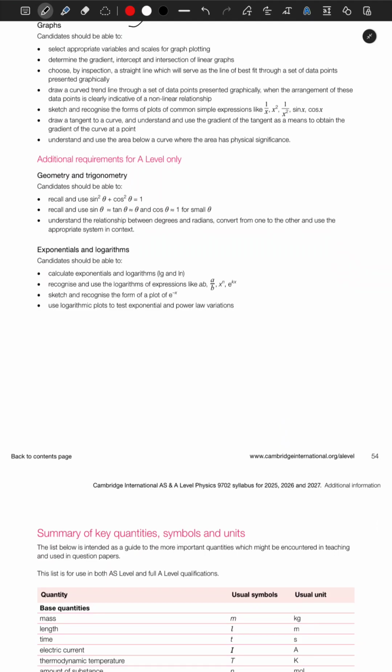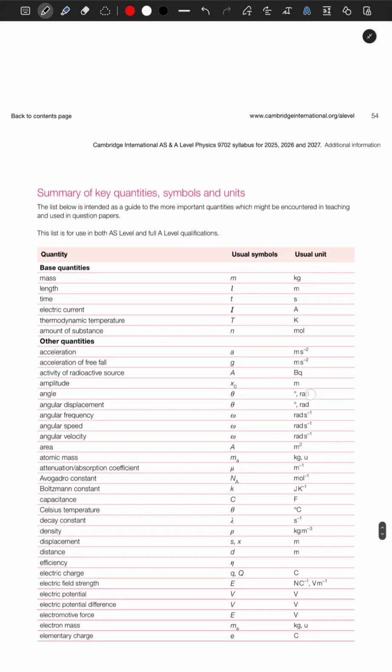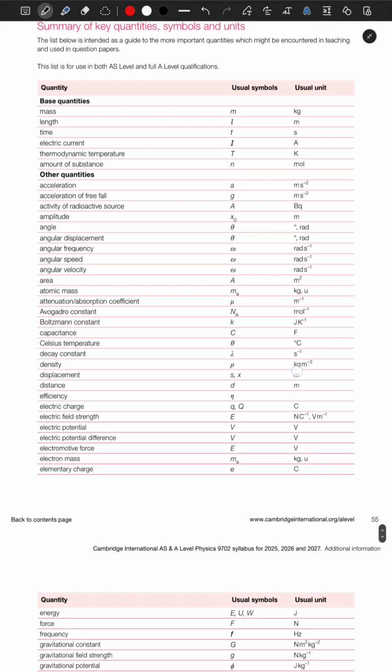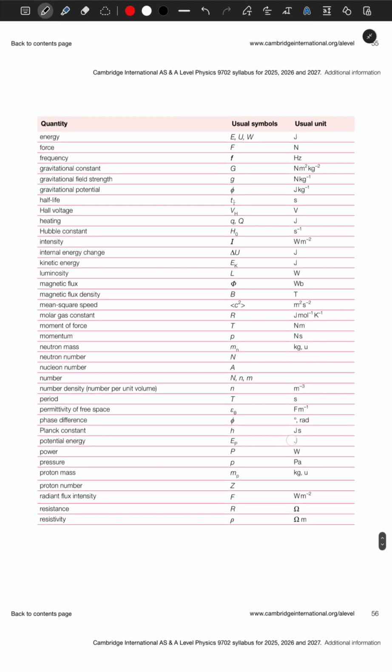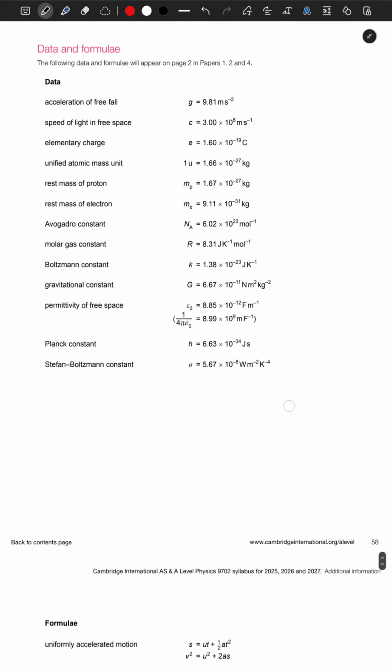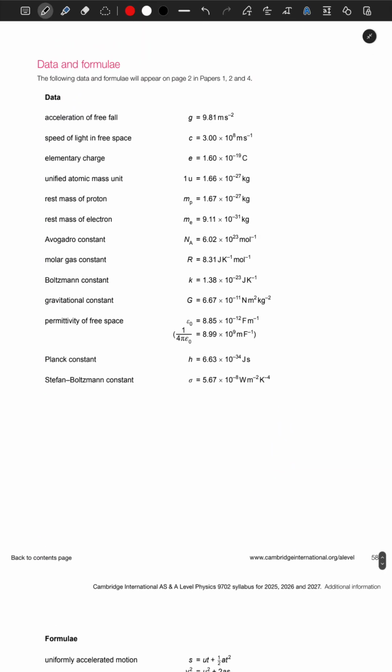This is done in the O-level series, and this is just a summary of the quantities, symbols and units. And this is a data and formula sheet. There are some constants that you need not know.